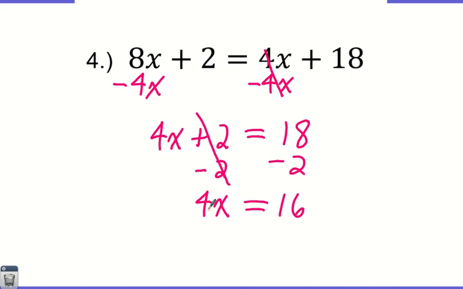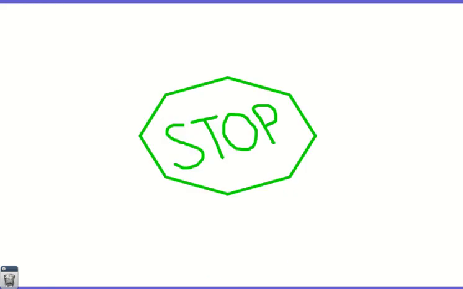And then getting that times 4 out of there by doing the opposite, dividing both sides by 4, and getting a final answer of x equals 4.